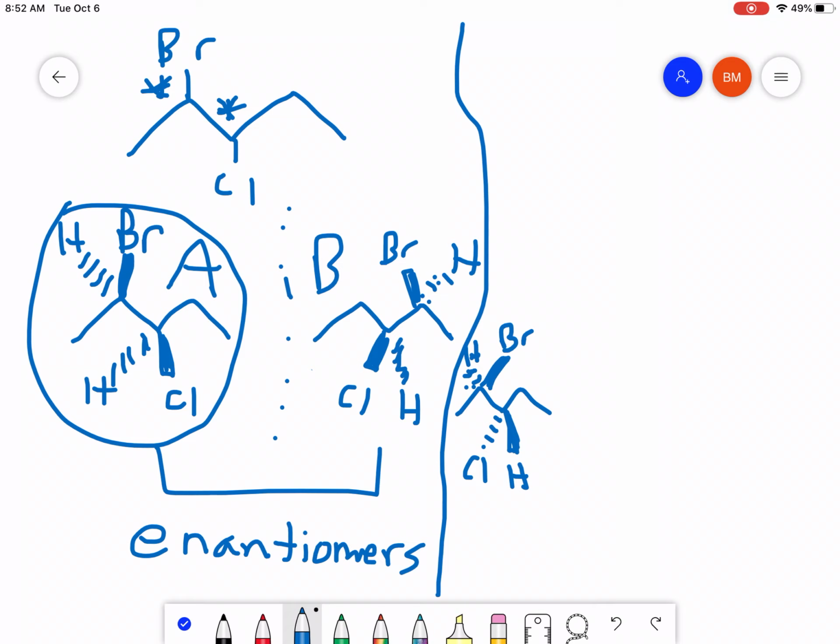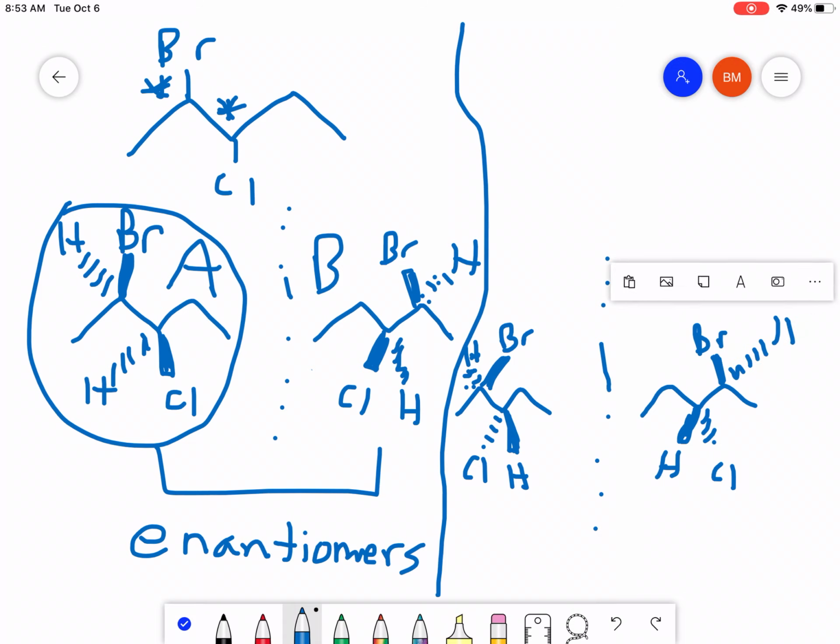All right, so that's number 3. And then for the 4th one, guess what you do? Draw the mirror image, that guy. Works every time. Nice little easy systematic process. Draw one structure, draw its mirror image.